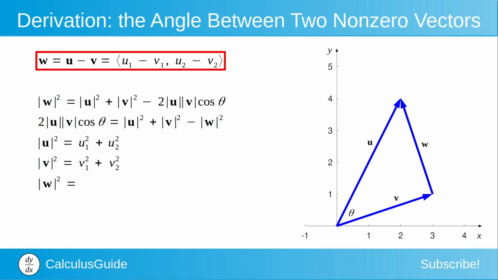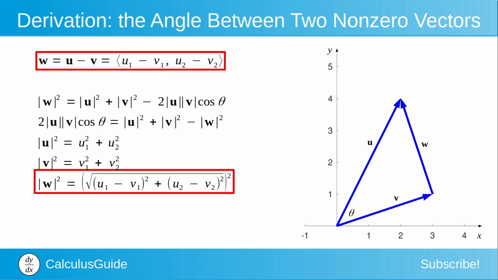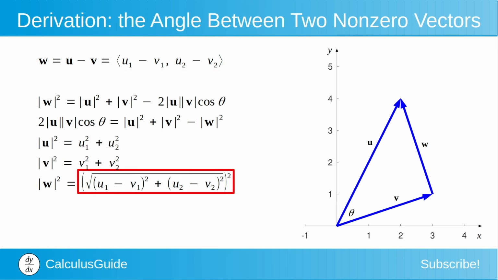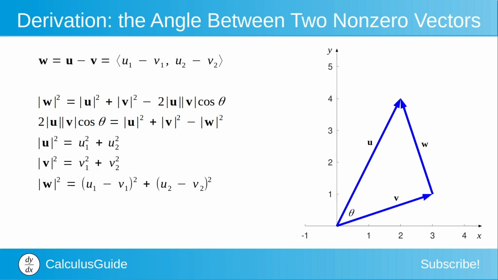Using these components for the length of the vector w squared, we get open bracket the square root of u1 minus v1 squared plus u2 minus v2 squared, close bracket squared. The square and the square root cancel each other out, giving us u1 minus v1 squared plus u2 minus v2 squared.